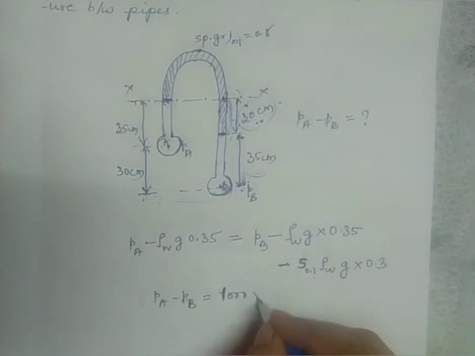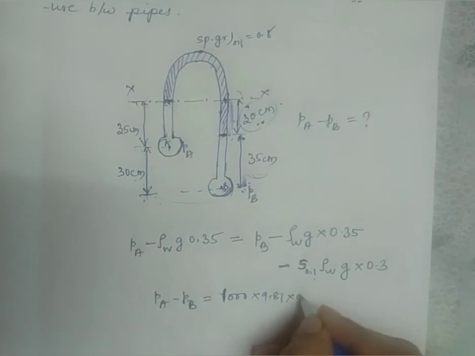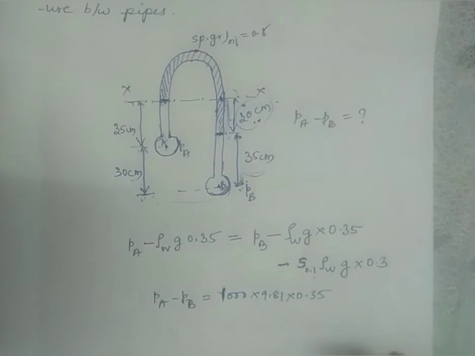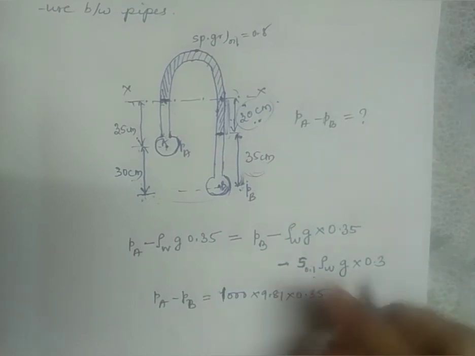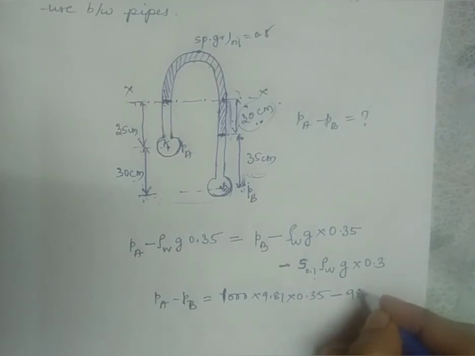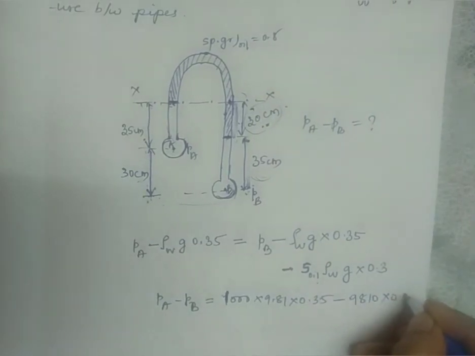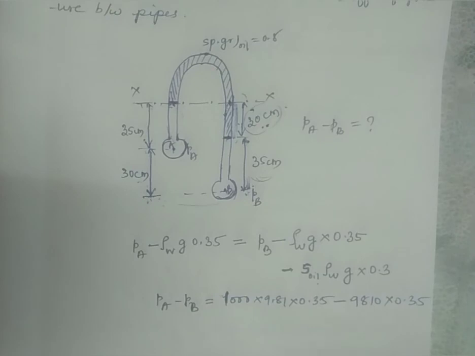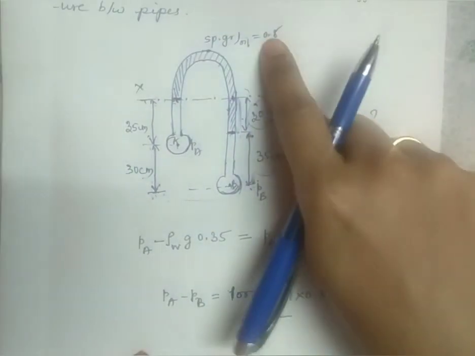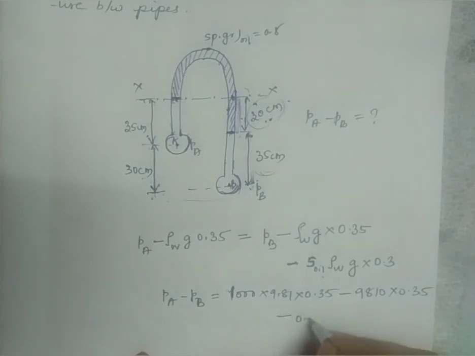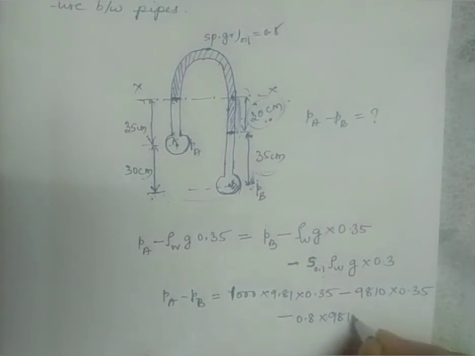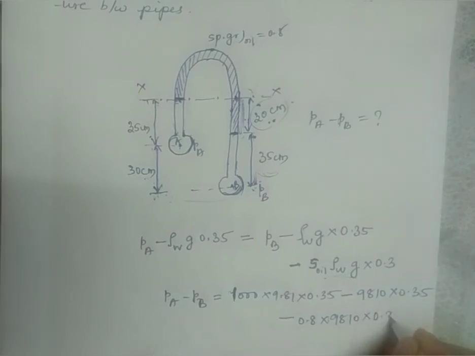So 1000 into 9.81 into 0.35 is this term. I have taken the other term to the right hand side with a minus: 1000 into 9.81, so I can write 9810 into 0.35. Again minus S of oil, which is given as 0.8, so 0.8 into rho W g, which is 9810, again into 0.3.